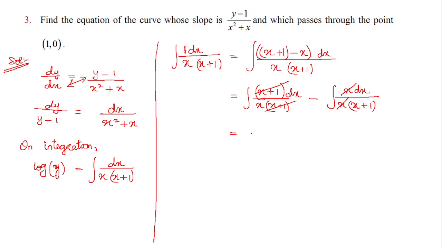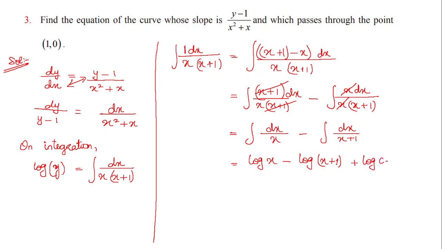So we will have integral dx divided by x minus integral dx divided by (x plus 1). Integrating, we get log x minus log (x plus 1). I have not added the constant here. Since everything is log, we take the constant as log c.